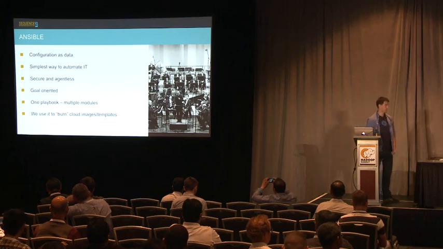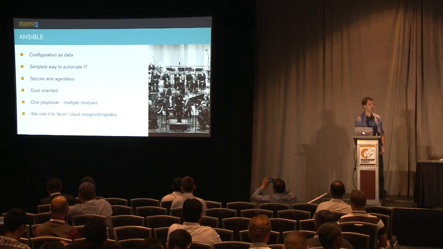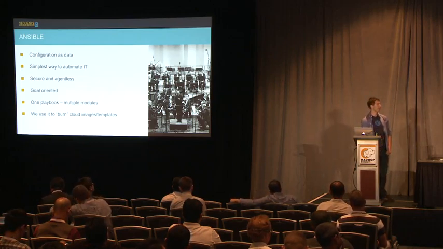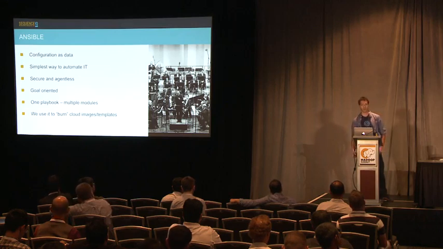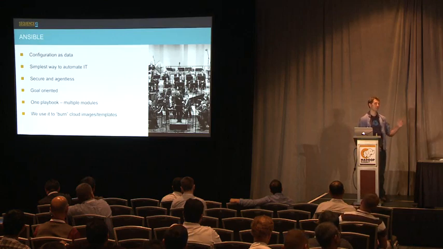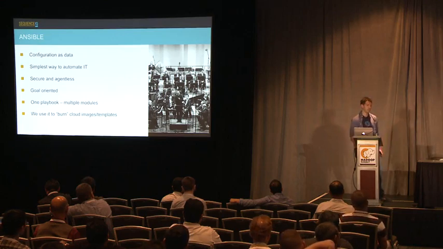Ansible is goal-oriented. You've got a playbook, for example, and there are lots of predefined modules. There are modules for EC2, for Azure, for OpenStack. If you can't find a module, you can write your own. What this means is that you create your Ansible playbook, and you can run that playbook against different providers without any modifications.